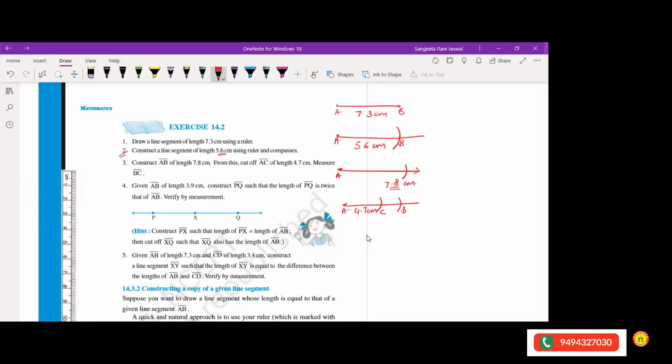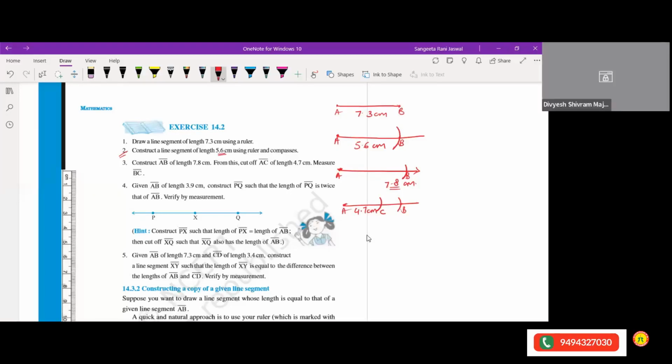This full length is 7.8 from A to B. Finished, ma'am. Lasya is saying finished? Yes, ma'am. Okay.